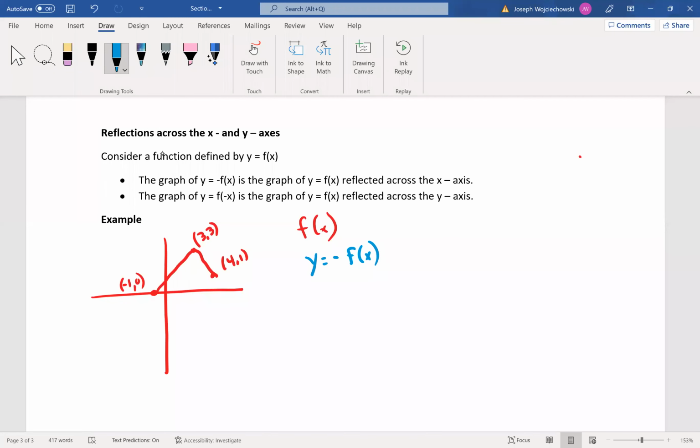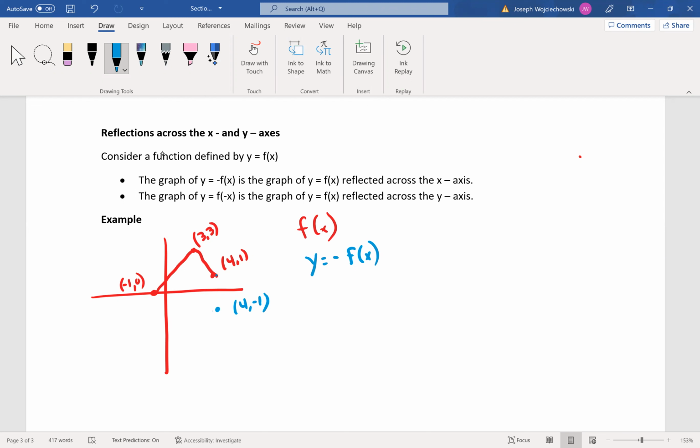So what happens here? It's reflected across the x-axis. That means instead of 4, 1, I have 4, -1, right? Flip it. If I fold across the x-axis, these two points would touch.